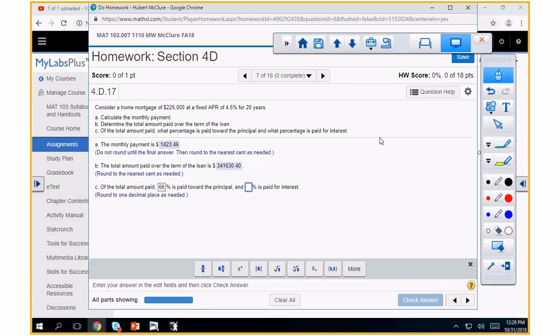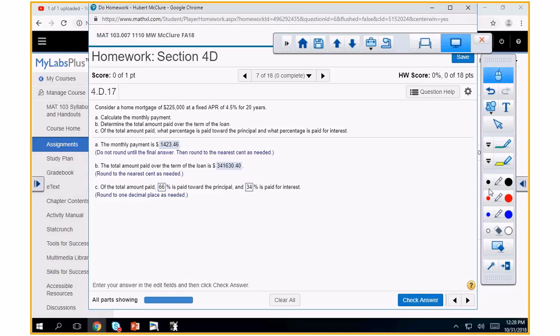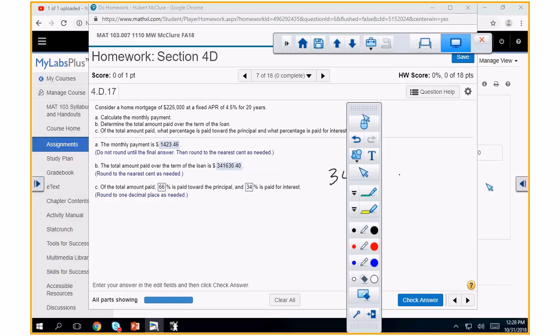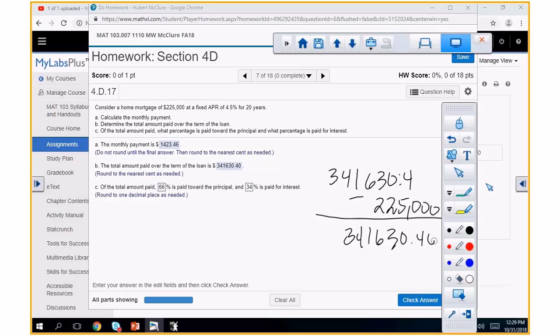We may have to subtract it. Yeah, we got to subtract it. Somebody subtract it. Let me show you what to do. Take the 341,630.4 minus 225, and then divide by 341,630.40. That's what we're supposed to do here.